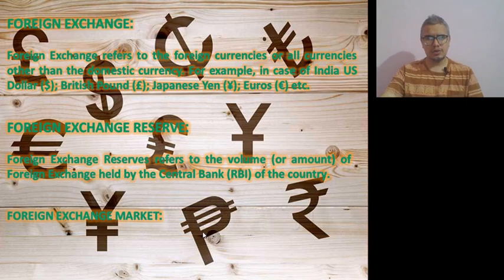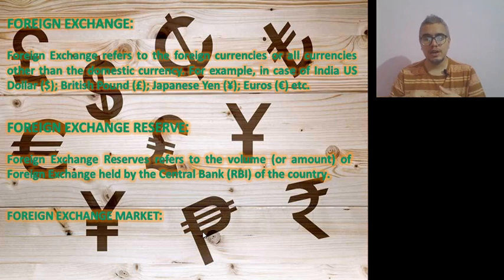Next thing that we are going to discuss is the foreign exchange market. We know that when you are asked to define the term goods market, you will say that it is a market system where goods or commodities are bought and sold. In the similar way, when you are asked to define labor market, you will immediately say that it is a market form where laborers are bought and sold.